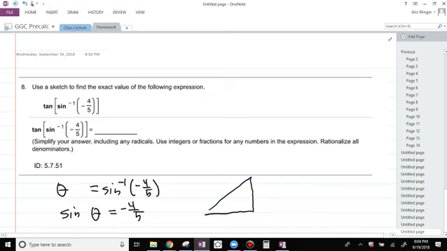Take away the sign for the moment. That looks like opposite over hypotenuse, right? So we need this side. 3, 4, 5. That's the triangle. Here's the angle, and we're looking for the tangent. The tangent is opposite over adjacent, and we just have to remember that this angle is in the fourth quadrant. And so the tangent in the fourth quadrant is negative.